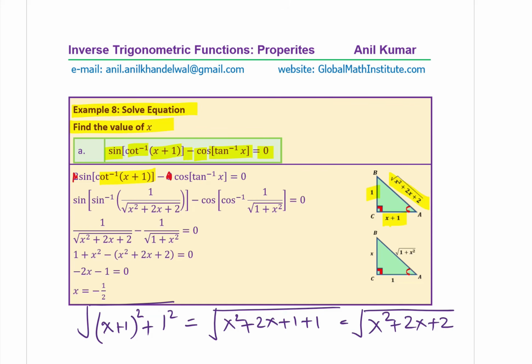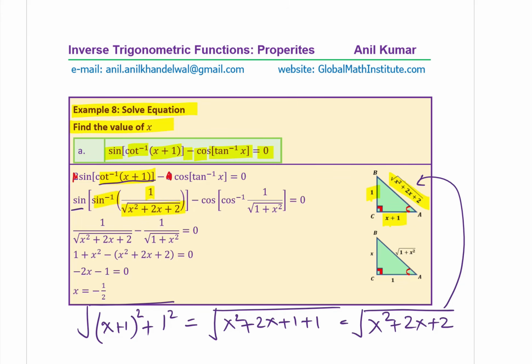So that is how we get this particular side, hypotenuse. So once we have our triangle, we can now write the inside terms in inverse of any of our trigonometric ratios. Since the outside term is sine, we are going to write it in terms of sine inverse. Now if you look at it, sine would be 1 over the hypotenuse, and that's what we wrote.